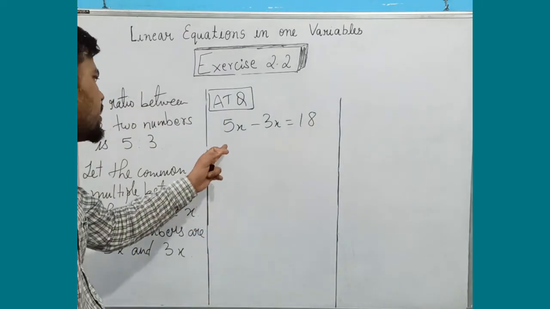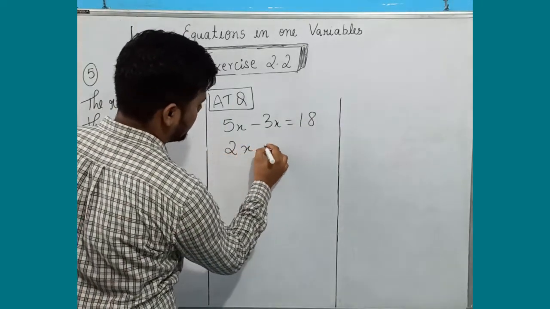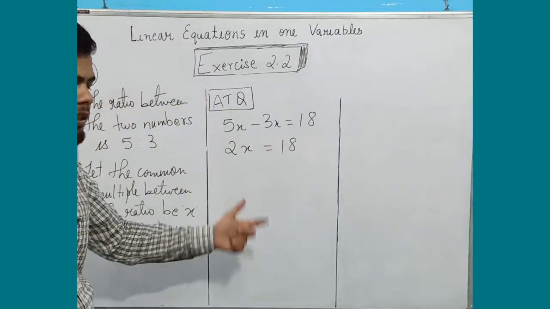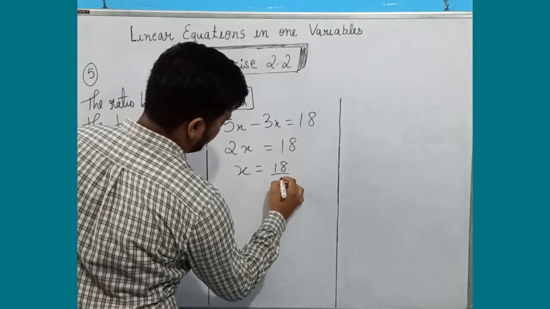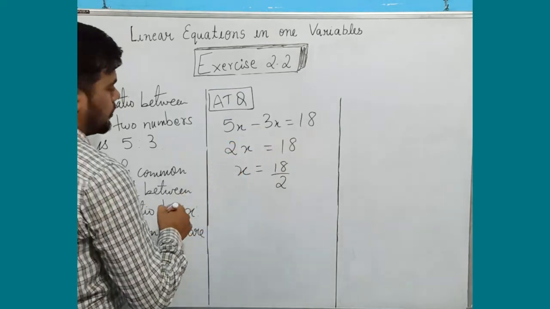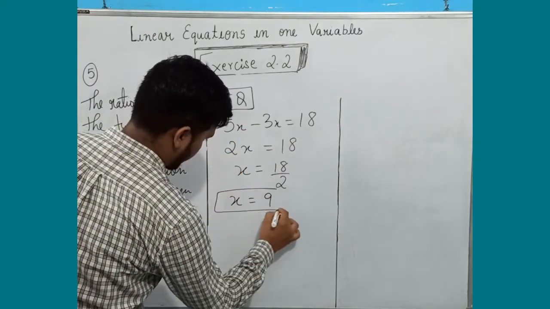So let's solve this. 5 minus 3 will give you 2, and x will come as it is, equal to 18. Now this 2 is getting multiplied with x, so when the 2 goes to the other side, it will become divide with the number already existing on the right hand side. So the answer of this is 9.